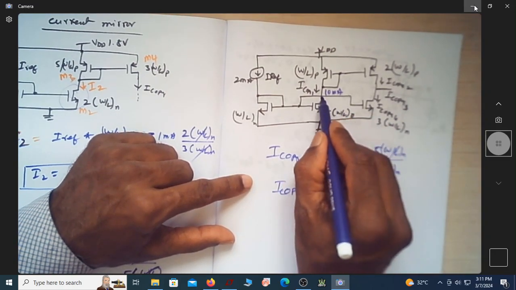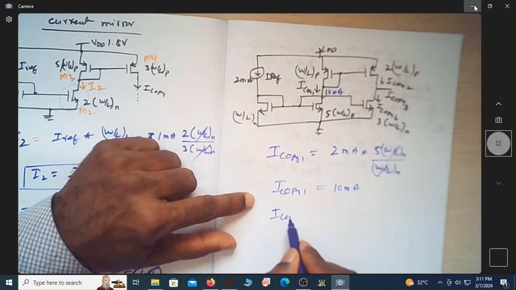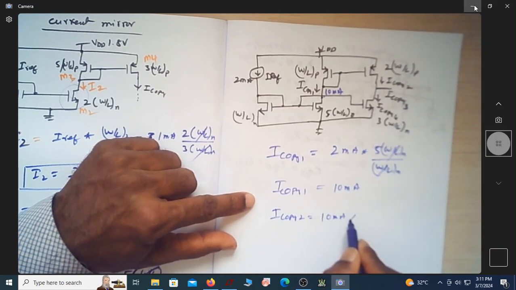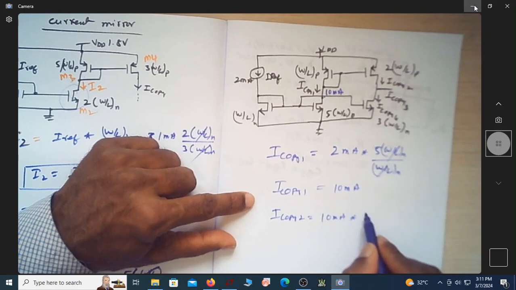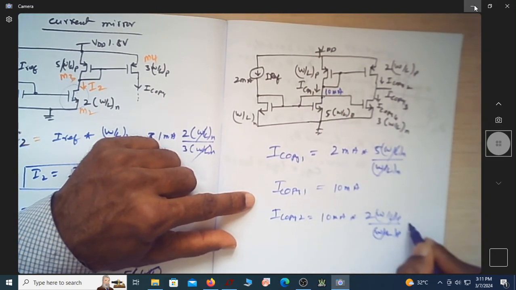If this is 10 milliampere, taking this as the reference, what is I copy 2? I copy 2 is 10 milliampere multiplied by W by L of this, which is 2 W by L of P, by W by L of P. So this will go, and will it not be 20 milliampere?